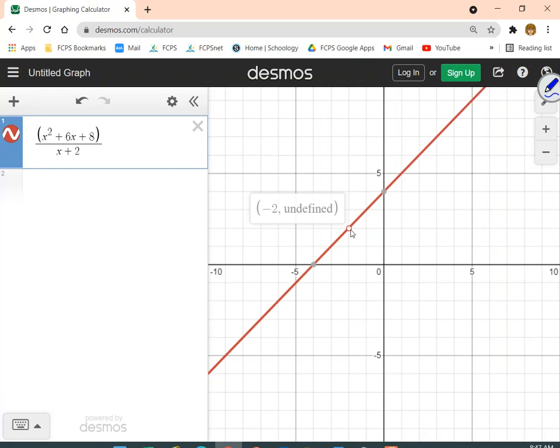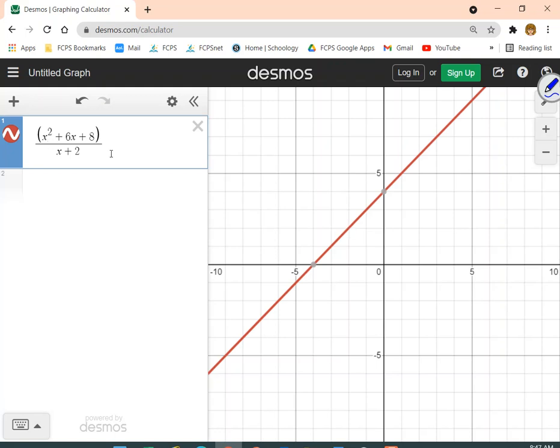Even the point is solid everywhere else, but right there it is a little open circle around my cursor.